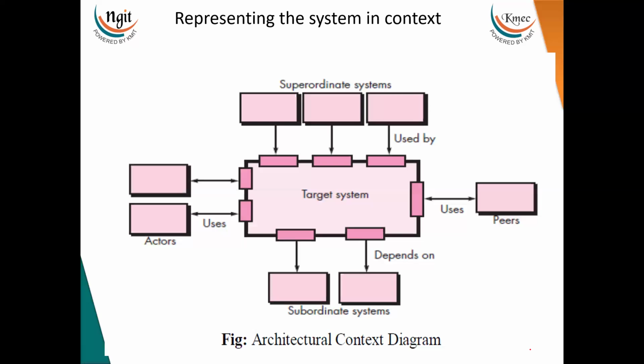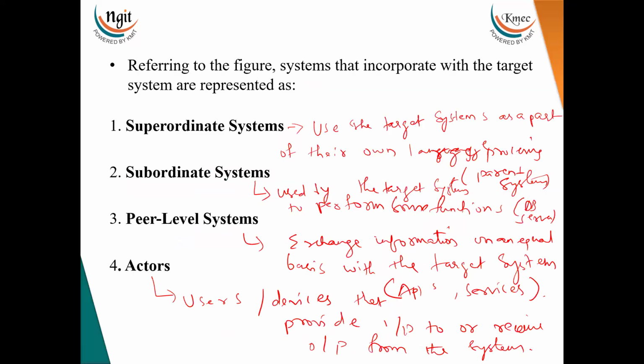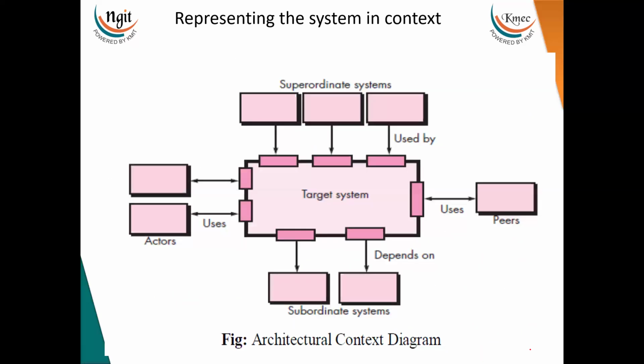Okay. So you can see this. Now the superordinate systems are here. These are those systems that use a target system as part of some higher level processing scheme. These are superordinate, these are subordinate.